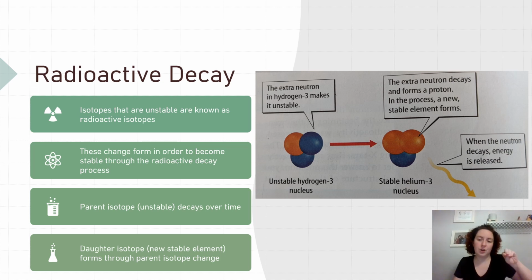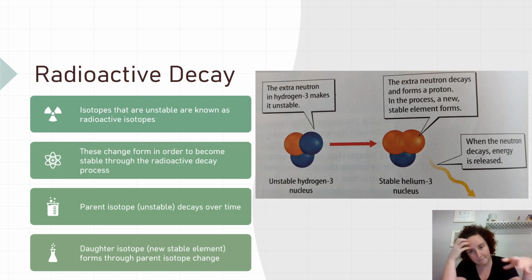The isotopes that are unstable we also call radioactive isotopes. That would be like our hydrogen 3. Hydrogen 3 is technically not stable. It doesn't like to sit this way. It's like I have too many balls in the air and I just can't take it.